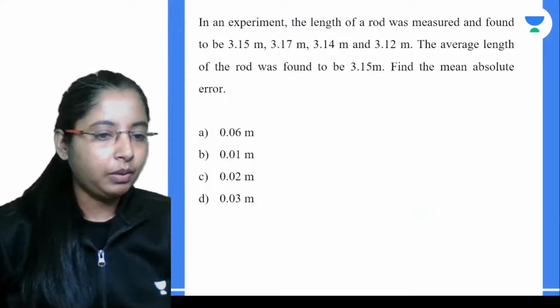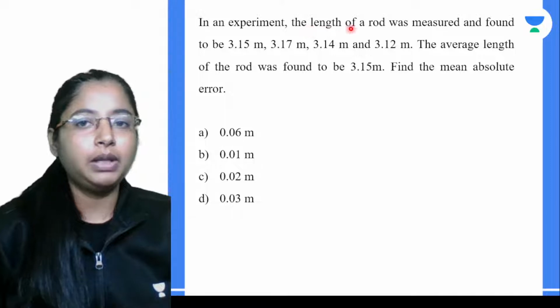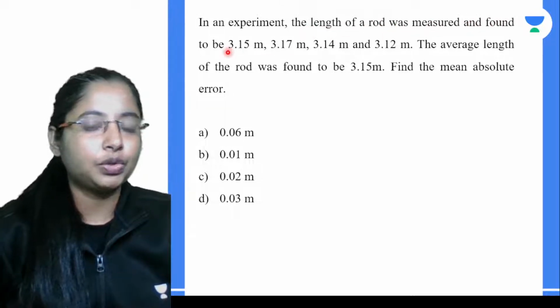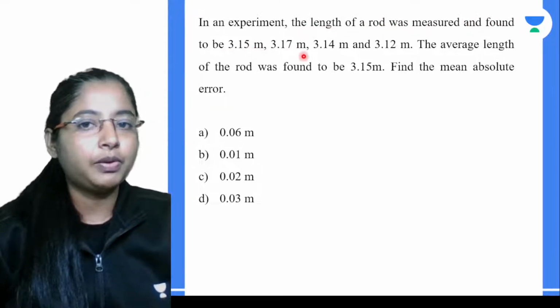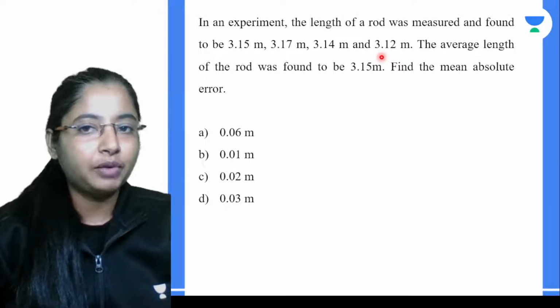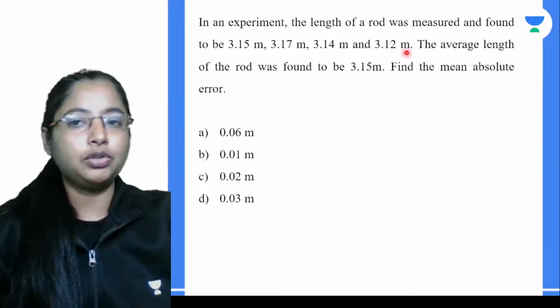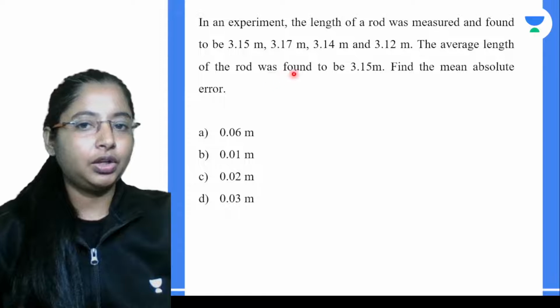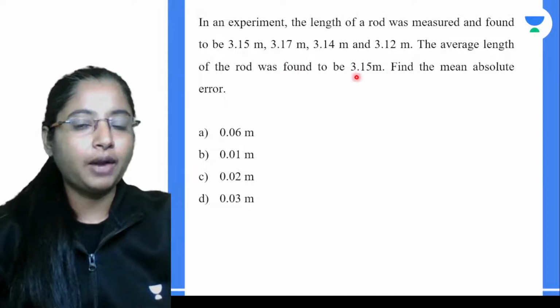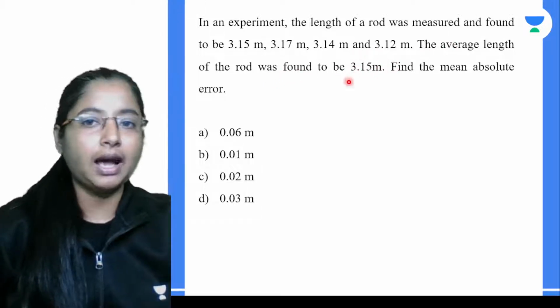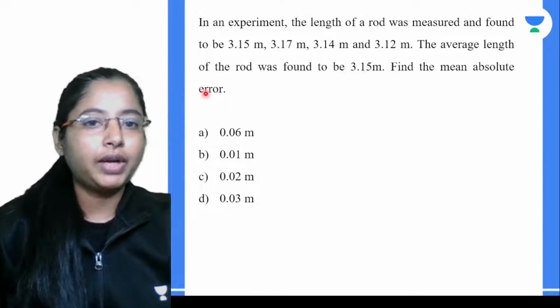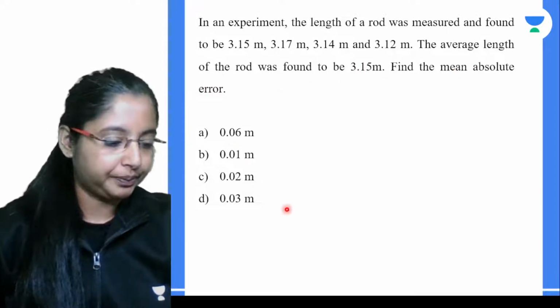Same question. In an experiment, the length of the rod was measured and found to be 3.15 meters, 3.17 meters, 3.14 meters and 3.12 meters. The actual length of the rod was found to be 3.15 meters. This is the average mean value. We want to find the mean absolute error.